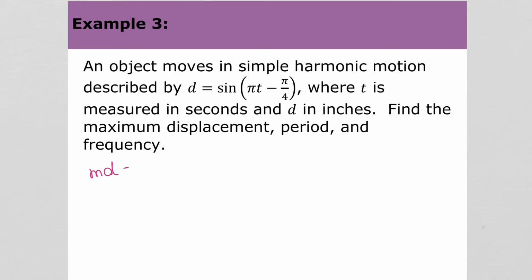The maximum displacement is the number in the front, which in this case is just 1. The period is 2 pi over omega, that's pi, so 2. And the frequency is 1 over the period, or 1/2.